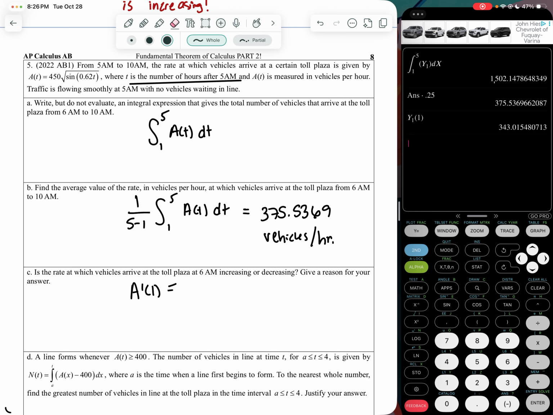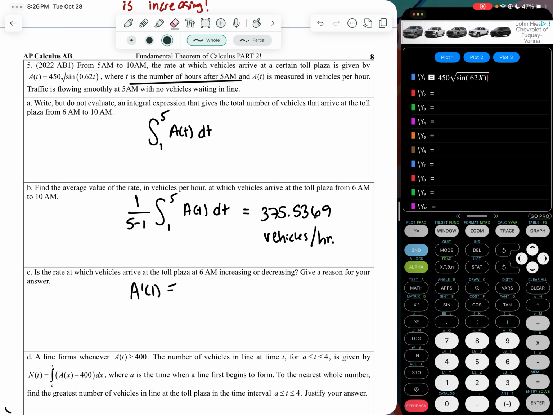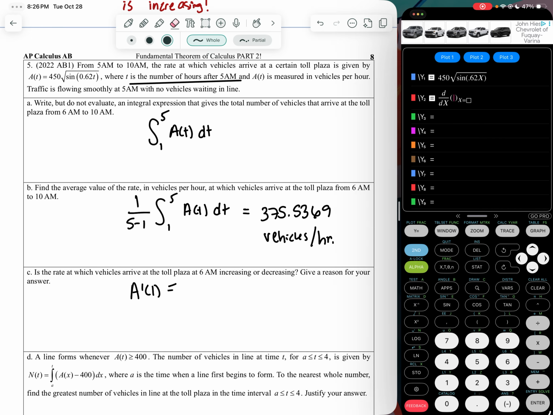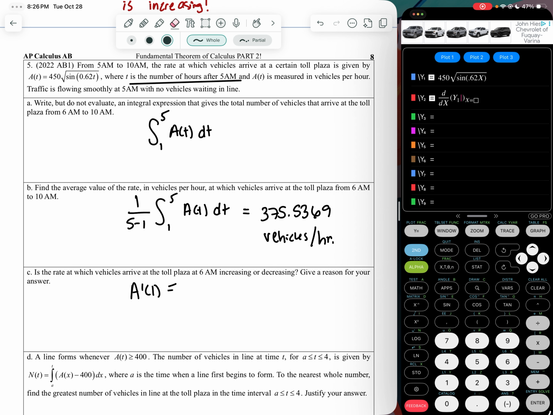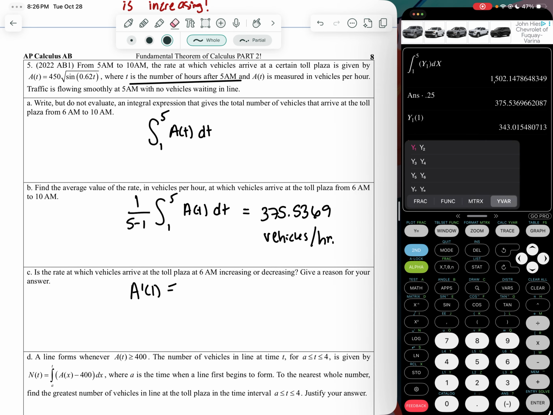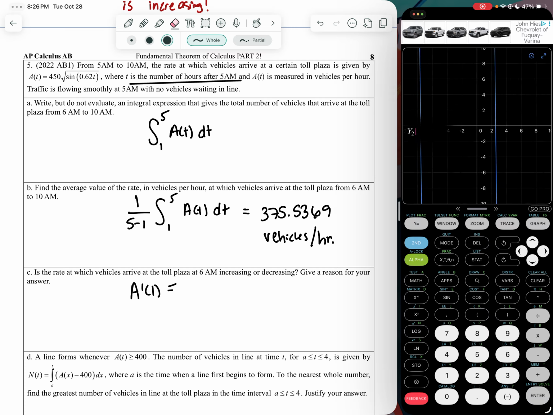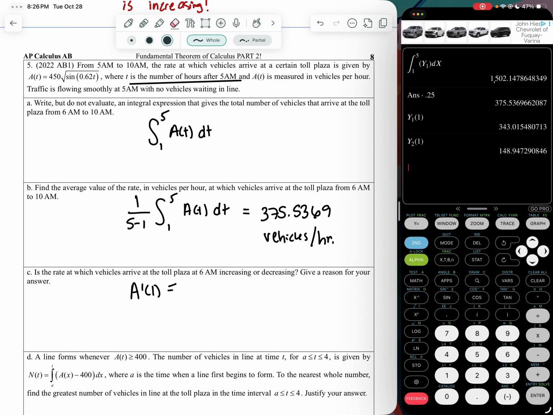I haven't even taken the derivative yet. Okay, so y2 is going to be my derivative. We're going to use y2 instead of y1, of 1. And that gives us 148.947. That's much better.